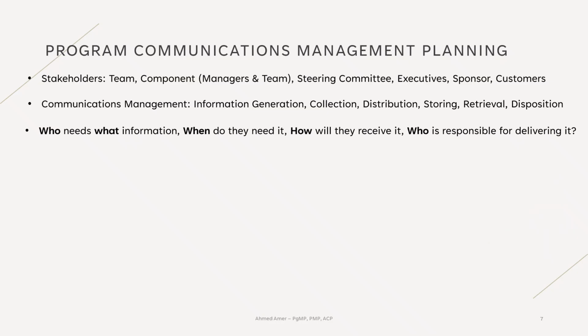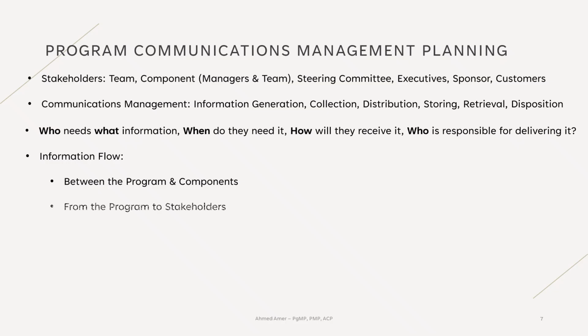To make this work, communication requirements need to be clearly defined. That means making sure information flows smoothly between the program and its components, from the program to the right stakeholders, with the right level of detail, using the right delivery method.